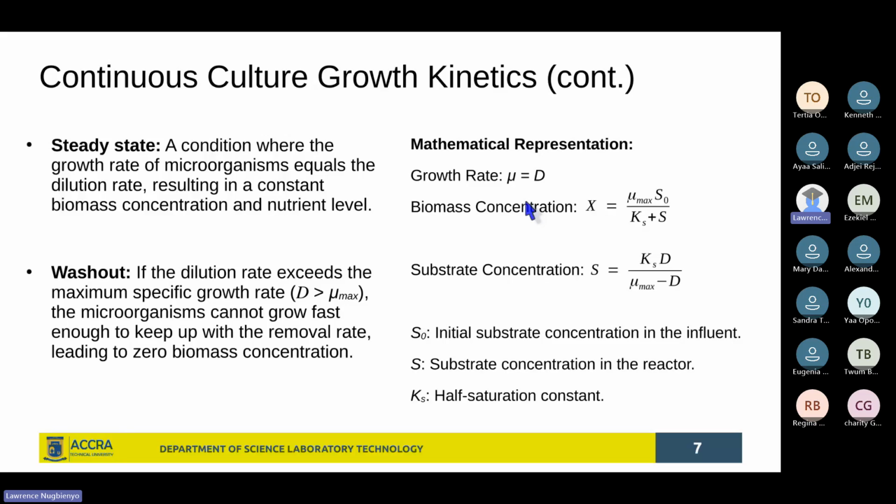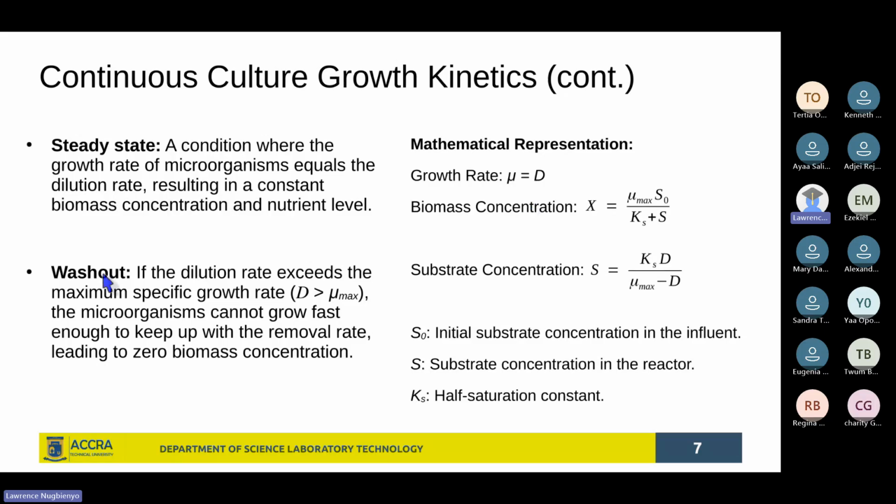microorganisms will not grow to their maximum, and you have a flow which is just washing these microorganisms out of the system. So they never reach their maximum state of growth and produce the product, and they are just being washed out of the system. That's why we call it washout.